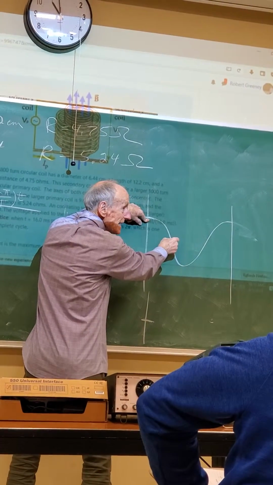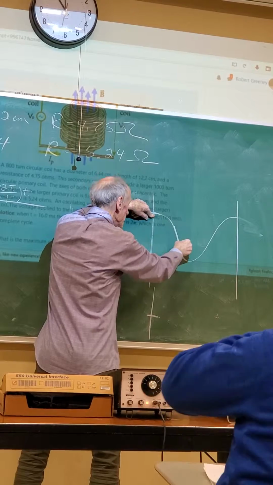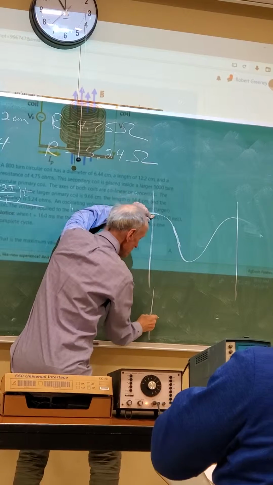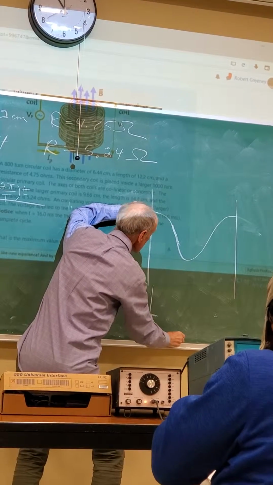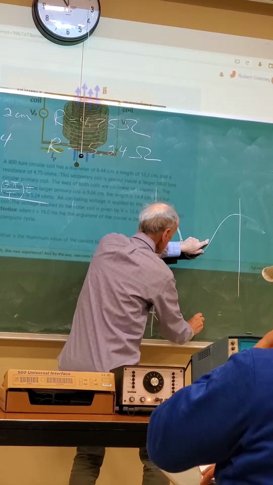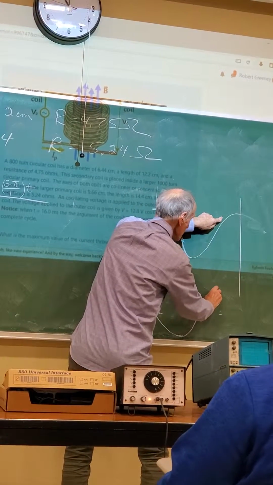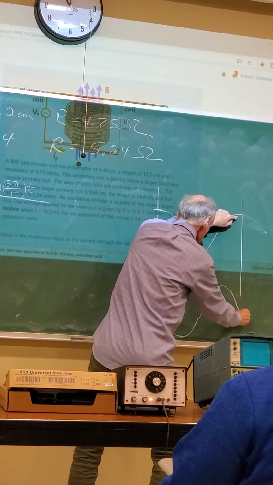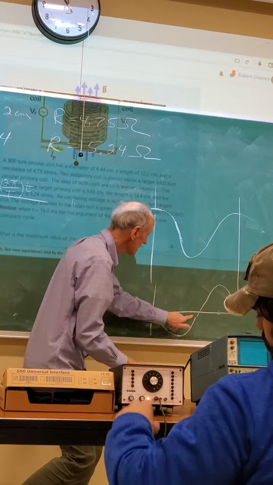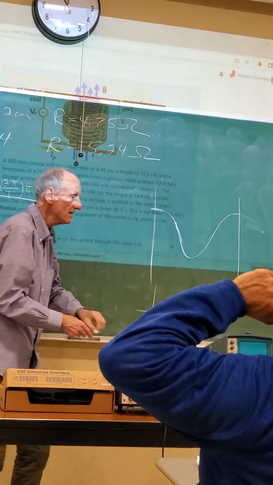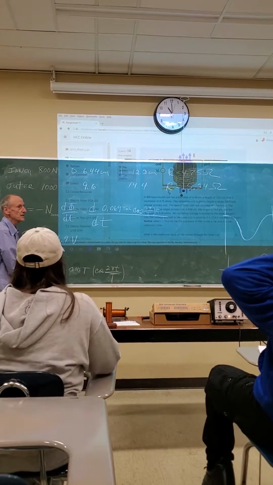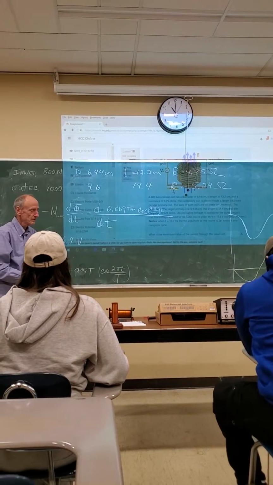When you go a quarter cycle, you're at the point where this is changing at the maximum rate, and so you go to a maximum negative output. Then it goes back to 0 output, then back to a maximum positive output, and then back to 0. You see you get a negative sign. So the differentiation of the cosine goes to a negative sign mathematically, and physically it makes sense in this circuit because of what we know about Faraday's law.